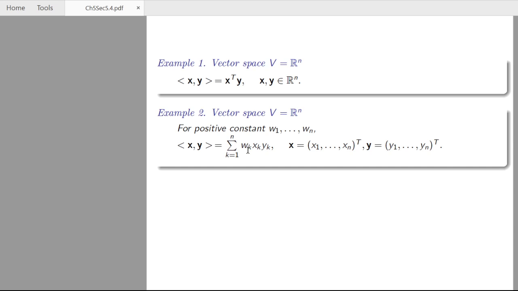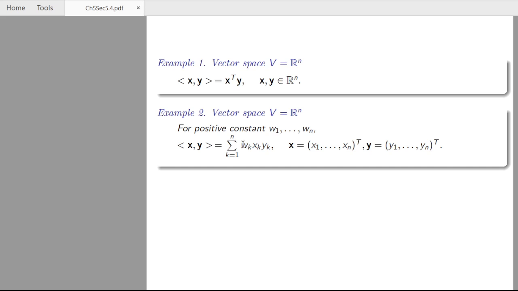It's equal to the summation for wk times xk times yk. Now for this, we can say if all the wk are equal to 1, then this is the same as the inner product. So in this case, we can say this is a kind of generalization of the scalar product.